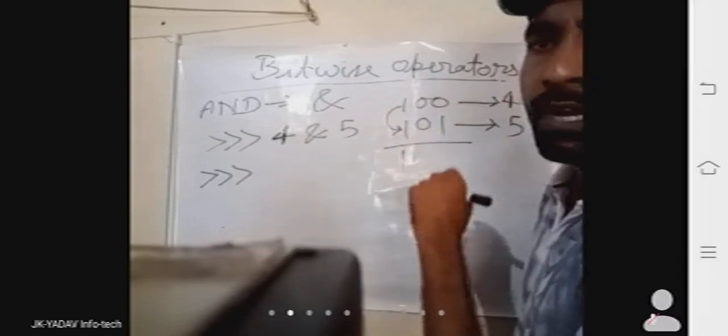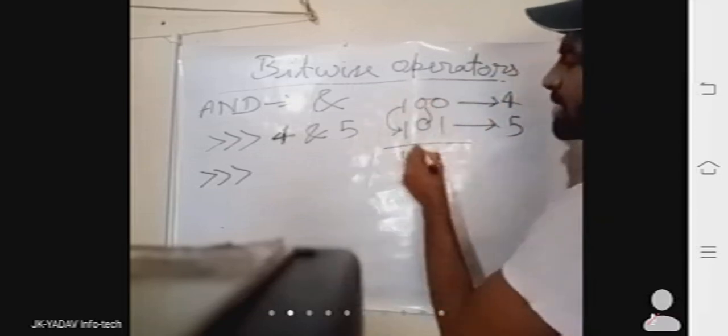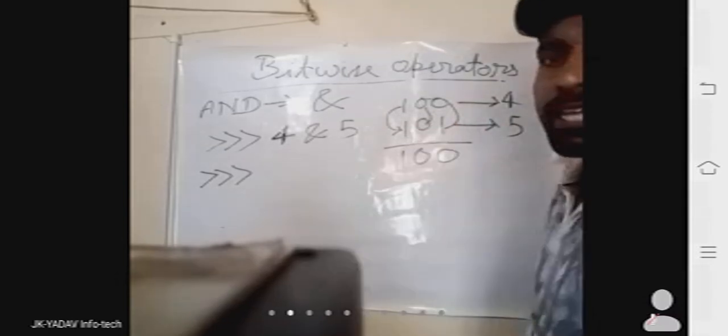Now according to the AND operator, if you compare, 1 and 1 provides 1. Just now I told the table. If you remember the rules of the table, 1 and 1 provides the result as 1. 0 and 0 provides the result as 0. And 0 and 1 also provides the result as 0.